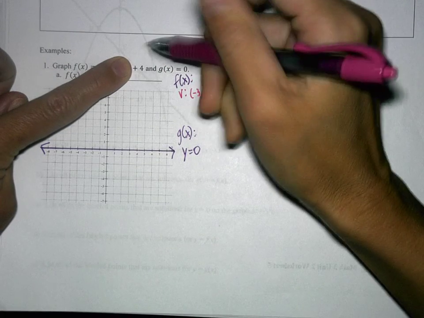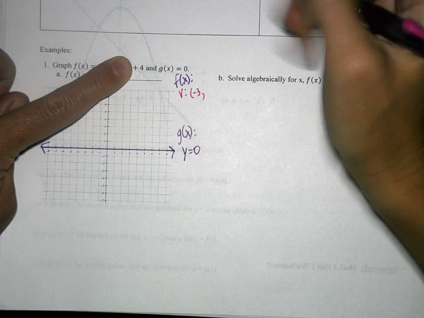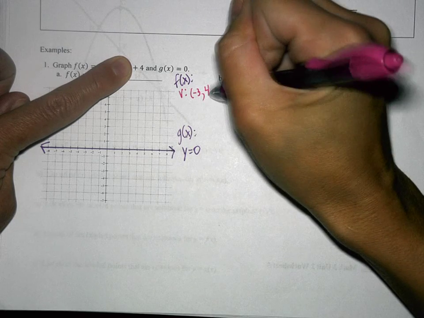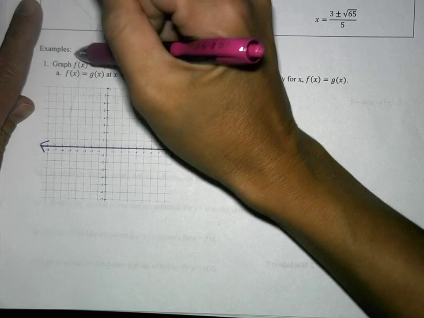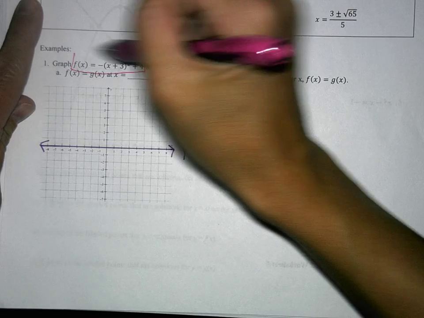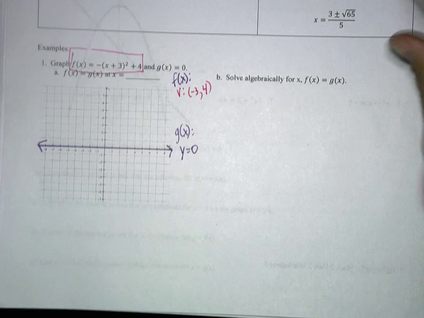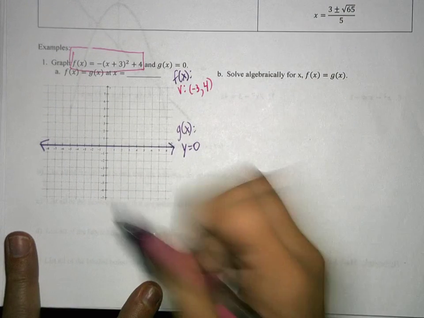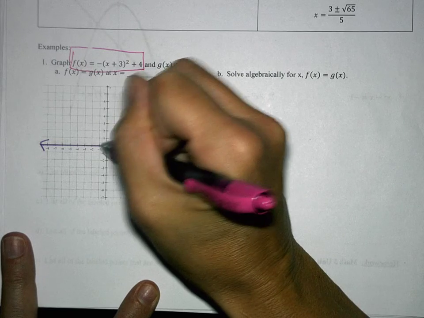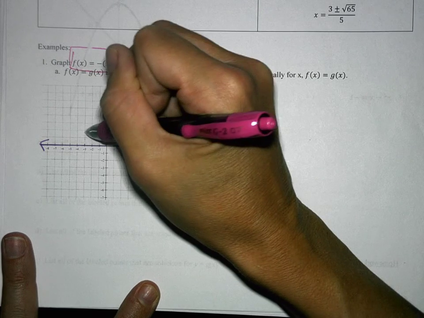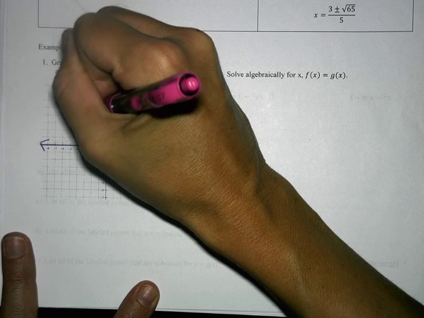And then my y value is the value at the end, which is a positive 4. Do we see that? Okay, positive 4. So on our graph, we're going to go left 3, 1, 2, 3, and up 4 and make our point.